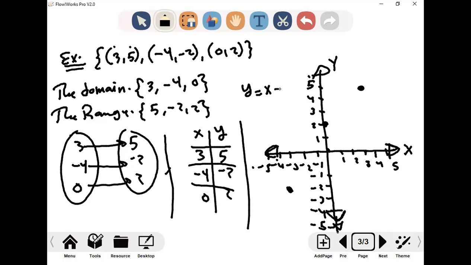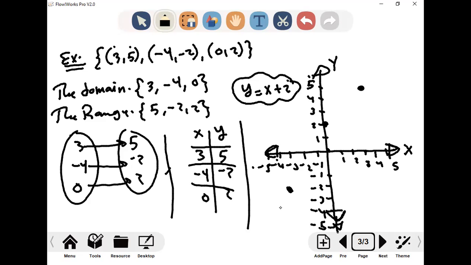Okay? Again, here is 3, add 2, 5. Negative 4, add 2, negative 2. 0, add 2, 2. So if you add 2 to the x, it will be y. So y equals x plus 2.